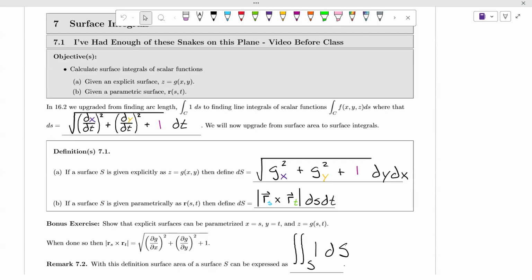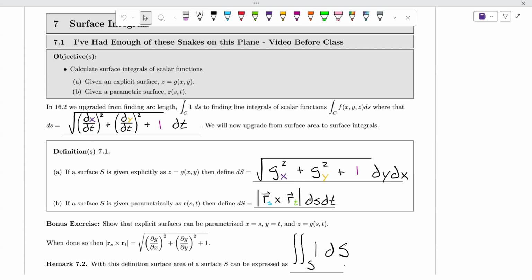We want something similar for moving along a surface. So that surface is going to be given explicitly as g of x and y. We're also going to call the surface capital S as opposed to lowercase s to denote the difference between it and the curve.